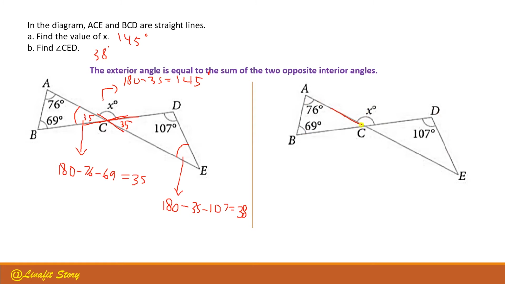So x is equal to 76 plus 69 is equal to 145 degrees. And then to get CED is equal to 145 minus 107 is equal to 38 degrees.